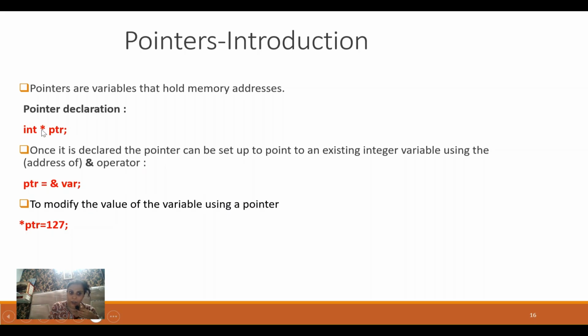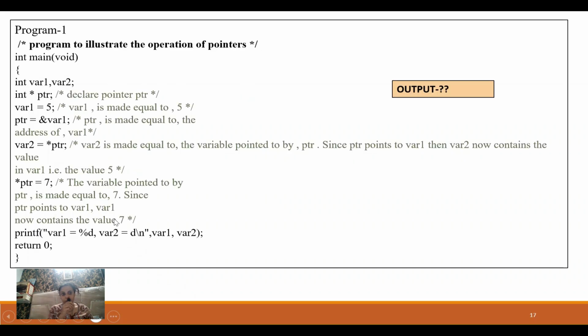And whenever you want the address of that value, the actual address that the pointer is storing, then you can use the ampersand operator. If you want to modify the value of the variable, then you can simply say star ptr equals 127, and that would modify the variable.